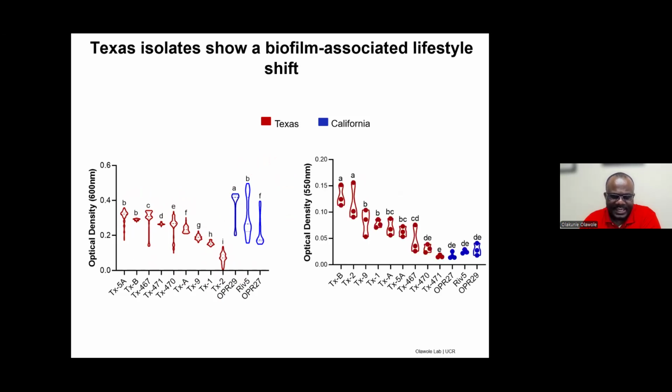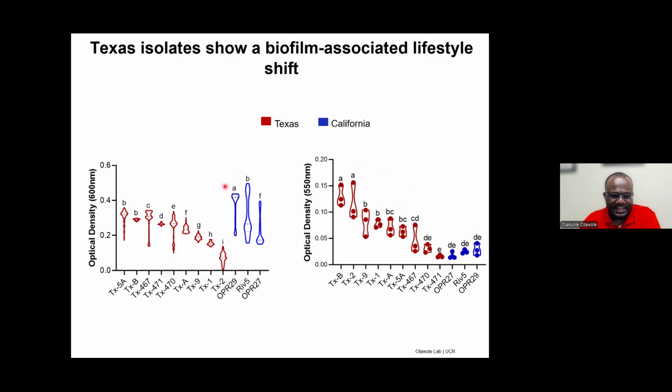However, one of the things we quickly noticed was that the Texas isolates produced substantially more biofilm, even though their growth rate was lower. There's a pattern of some of those strains being higher.